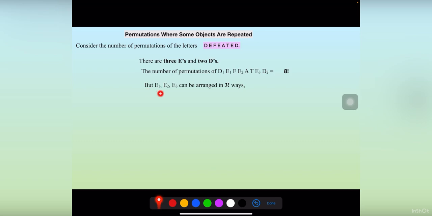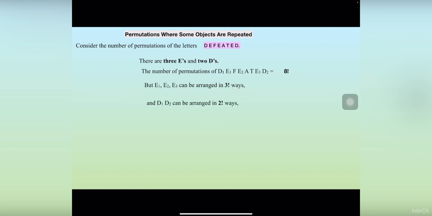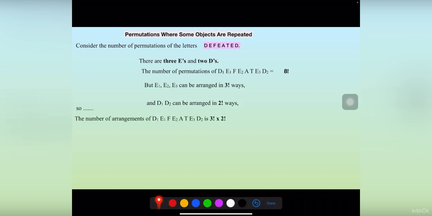But E1, E2, E3 can be arranged in 3 factorial ways, and D1, D2 can be arranged in 2 factorial ways. So the number of arrangements of D1, E1, F, E2, A, T, E3, D2 is 3 factorial times 2 factorial times the number of arrangements of DEFEATED.